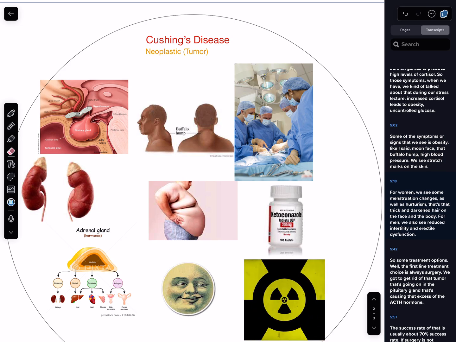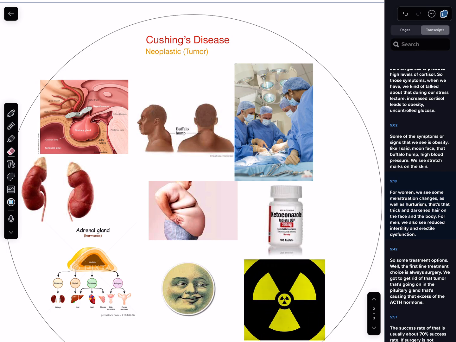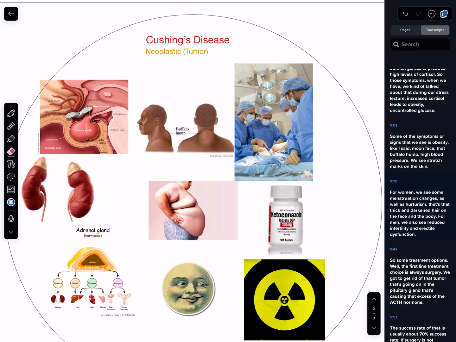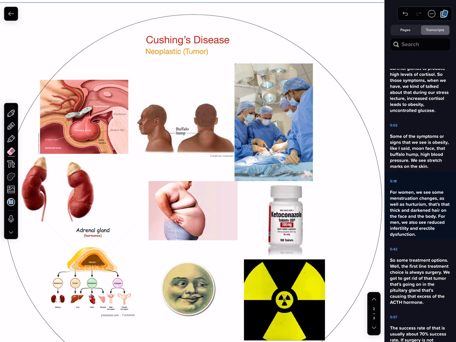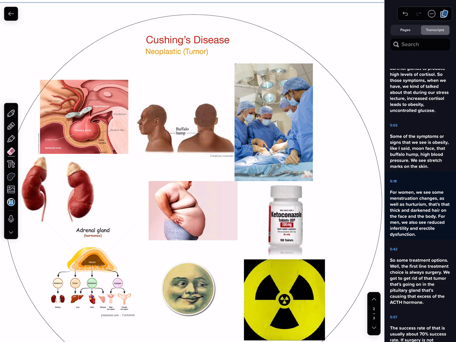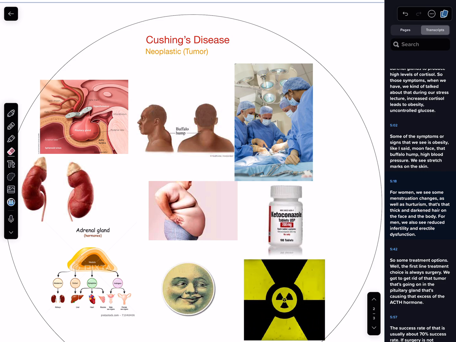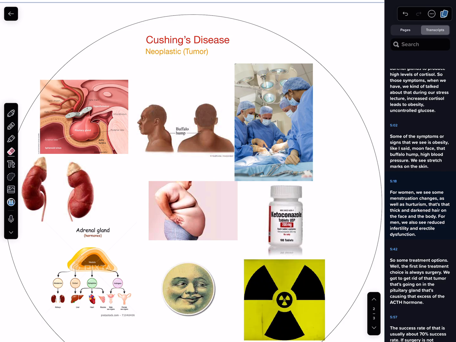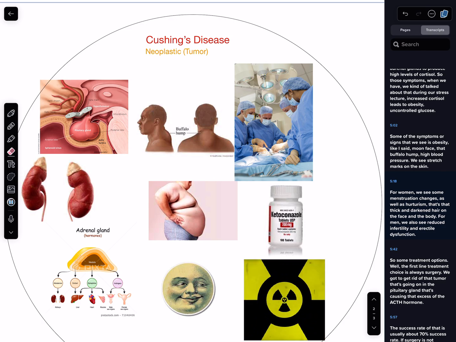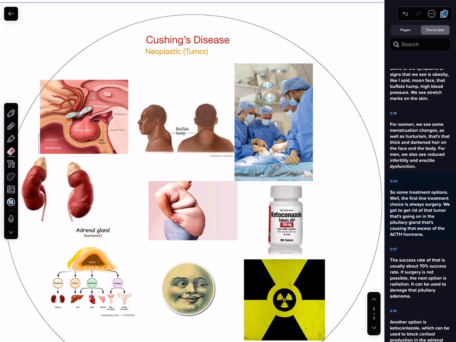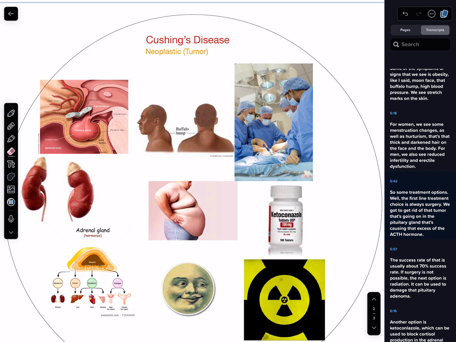We see stretch marks on the skin. For women, we see some menstruation changes, as well as hirsutism. That's that thick and darkened hair on the face and the body. For men, we also see reduced fertility and erectile dysfunction.